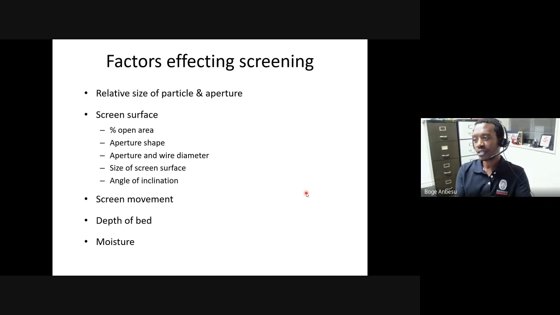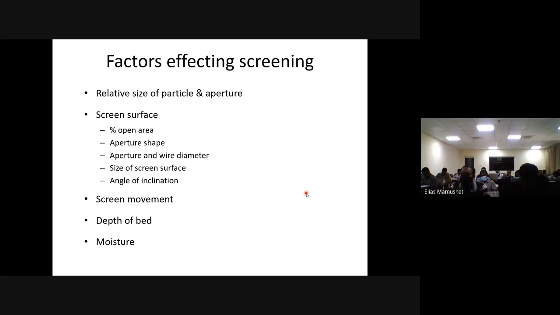But in some cases, it is not just about how much material you process, it's the quality of the products you produce. For example, I could be very strict and say I want to separate the fine from the coarse as much as possible. Maybe I'm trying to control my grinding performance, so I'm not allowing any coarse particles to go to the fines and any fines to go to the coarse.